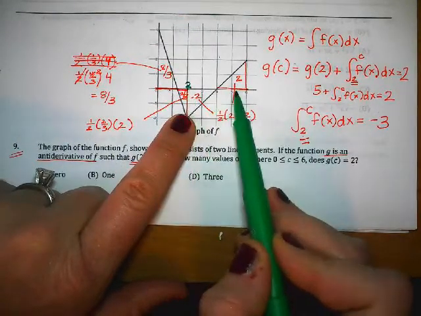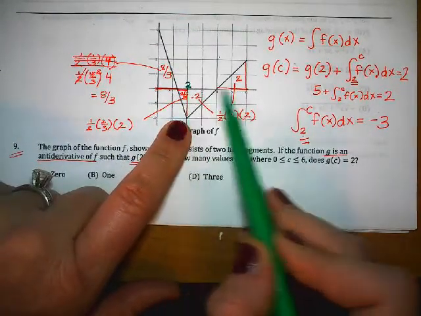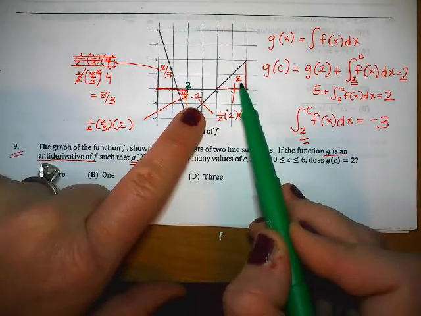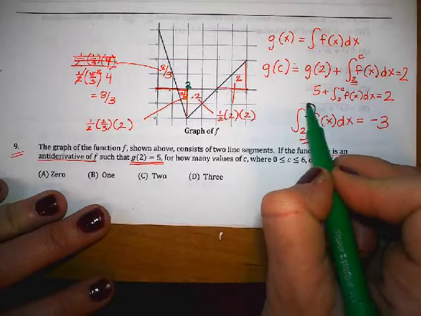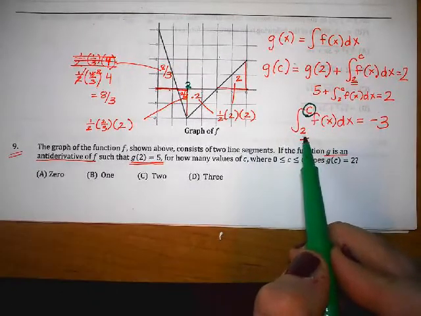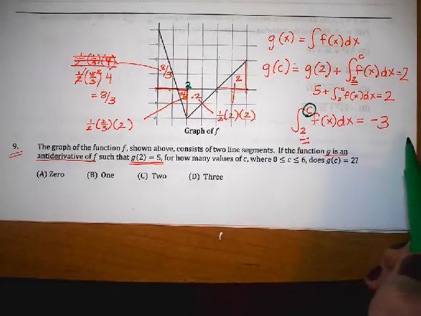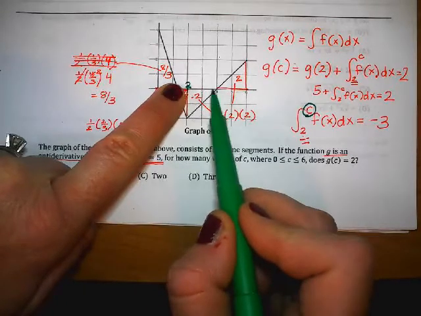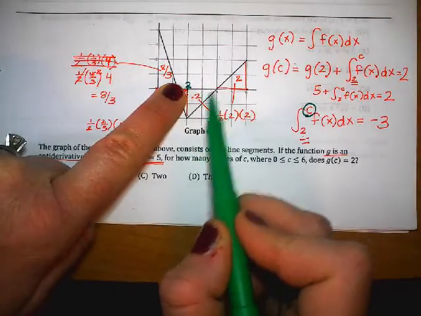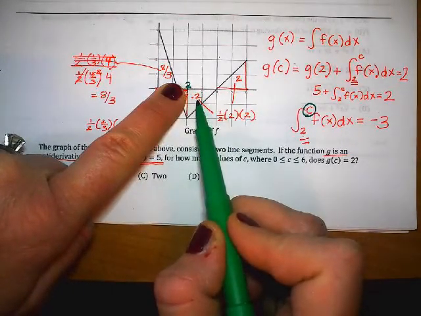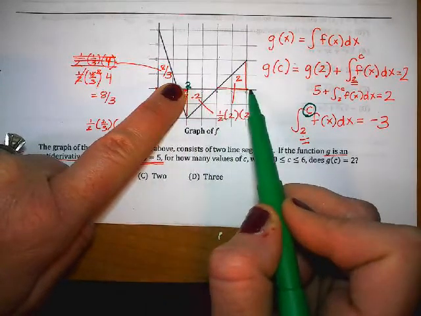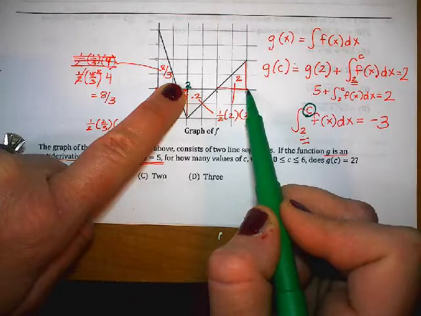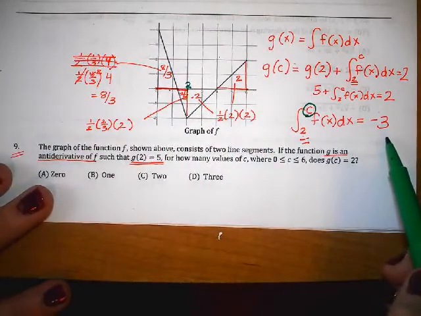And then if I went further from 2 maybe up to 6, I keep getting more positive in my answer. There's no way for this c value to be larger than 2 for this to work. Because if I integrate again from 2 to 4, I get -2. That's the smallest number I can get. If I integrate from 2 to anything bigger than 4, my area starts to get larger than -2. It's no way going to get to here.